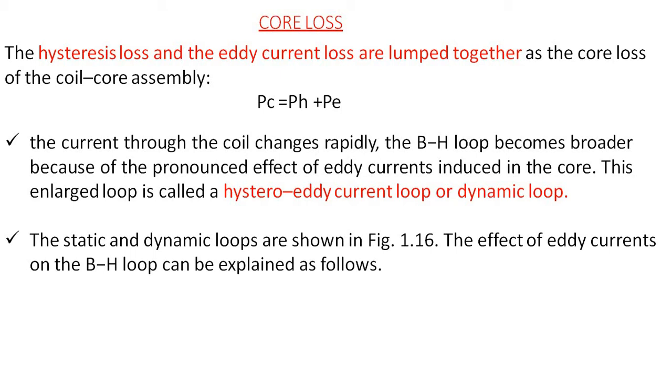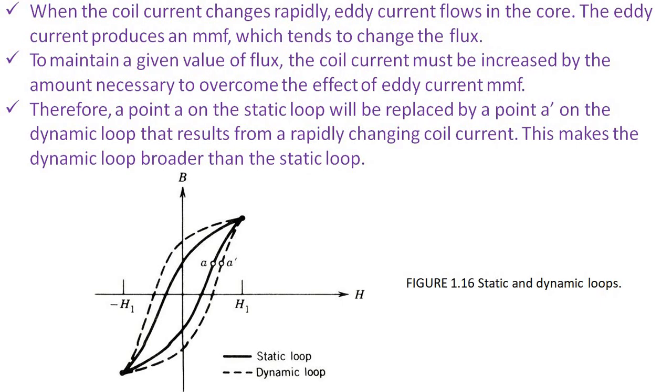The effect of eddy currents on the BH loop can be explained as follows. When the coil current changes rapidly, eddy current flows in the core. The eddy current produces an MMF which tends to change the flux.